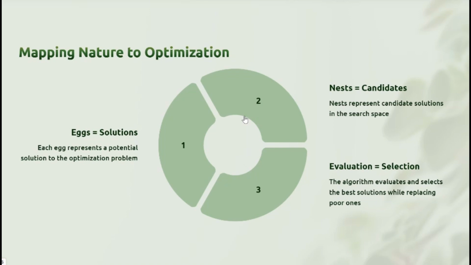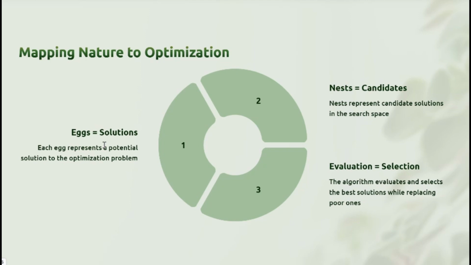So here we learn about mapping nature to optimization, and how the cuckoo search algorithm works in our real-time optimization technique. Each solution is considered as an egg. So each egg in the nest represents a solution and a cuckoo egg represents a new solution.